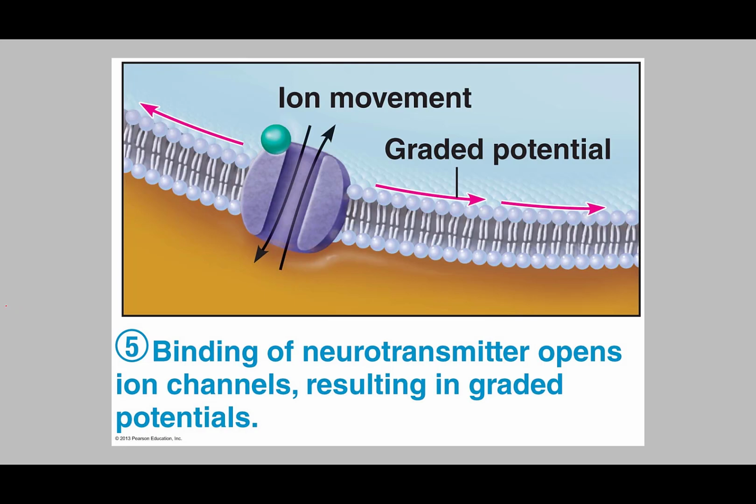Maybe it only goes from negative 70 millivolts to negative 60. Maybe it goes to negative 5. Maybe it goes to positive 10 or positive 30 or positive 50. Graded potentials are dependent on the stimulus strength.